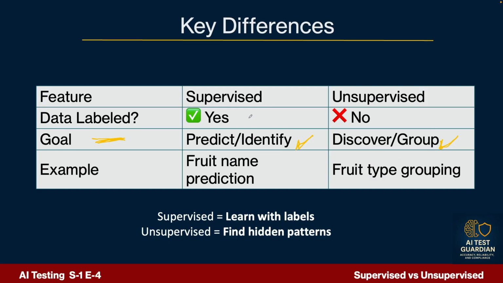In supervised, you have to give labeled data, and in unsupervised, you don't. You just throw in whatever you have. The example in supervised is fruit name prediction, and in unsupervised, you are grouping those fruits. Remember, supervised learns with labels, and unsupervised finds the patterns.